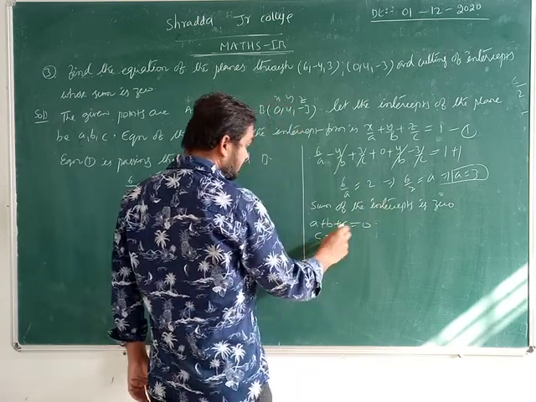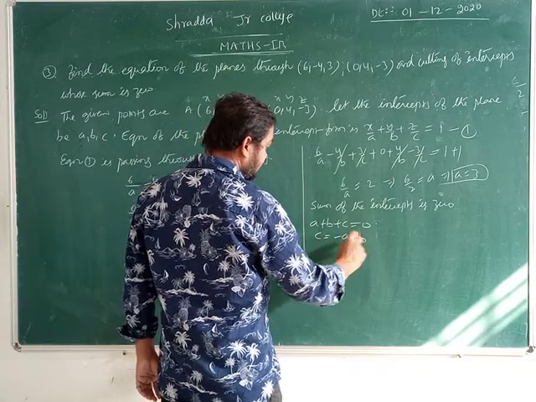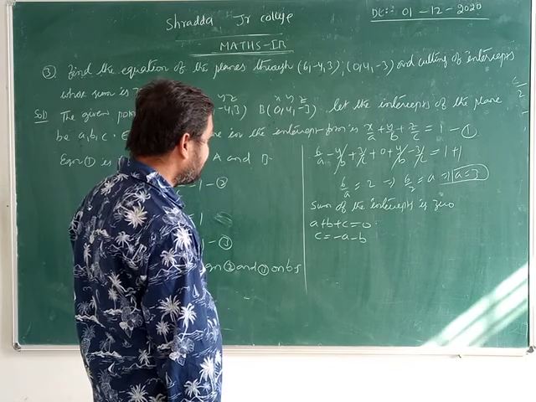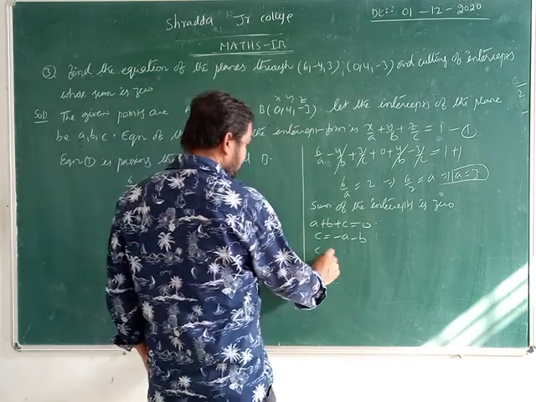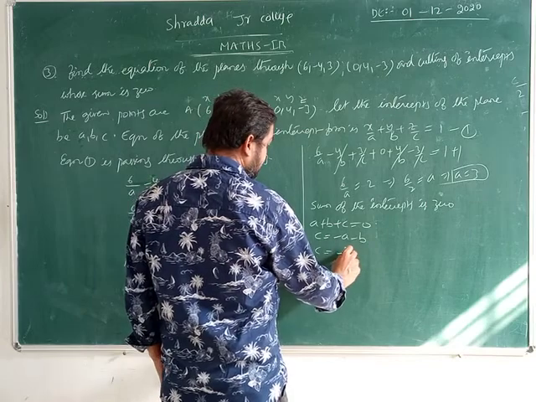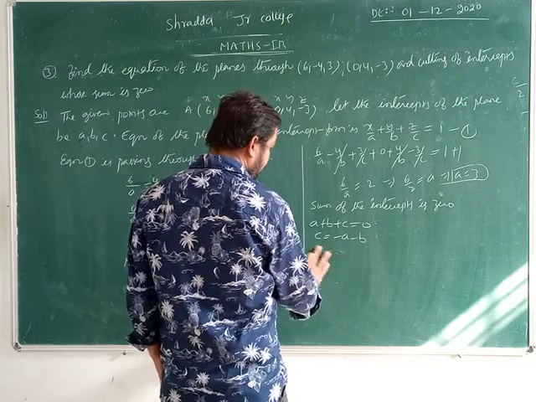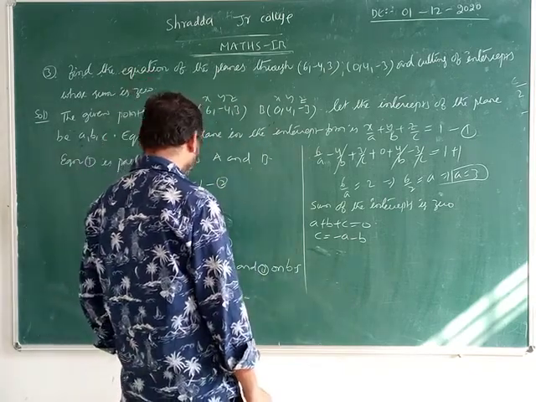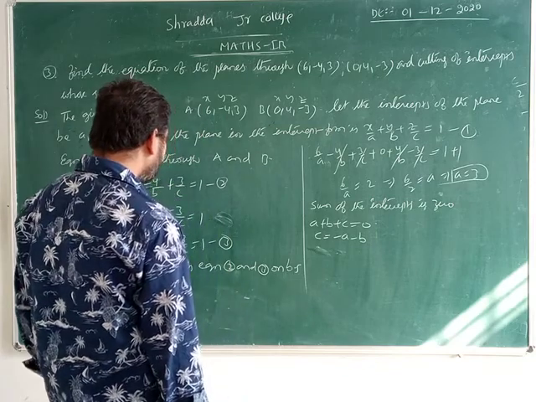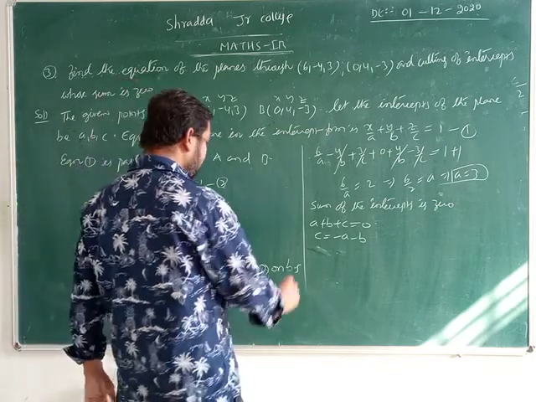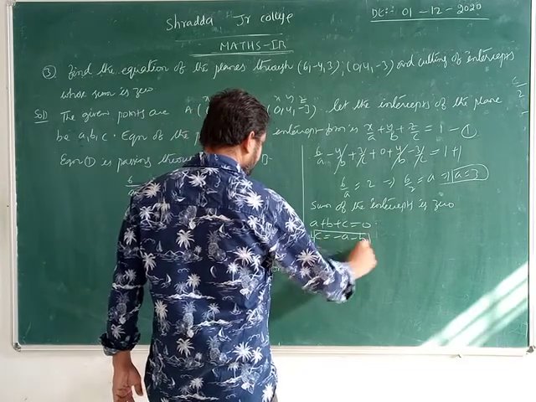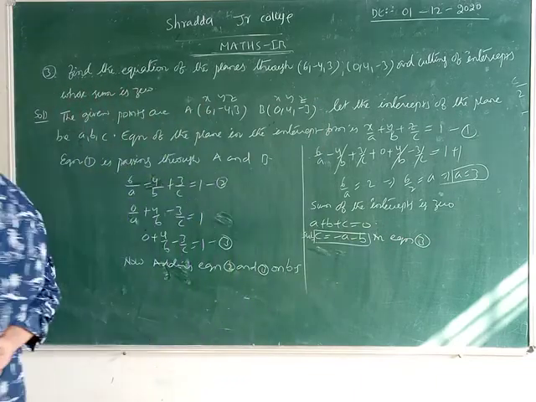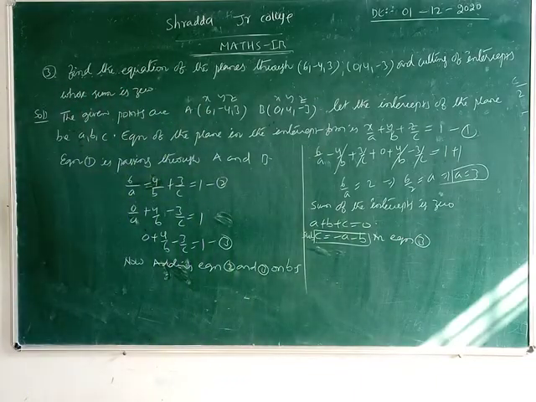Now what is the condition here? c equals, a goes that side, minus a, b goes that side, minus b. So c equals minus a minus b. Substitute c equals minus a minus b in equation number 3.